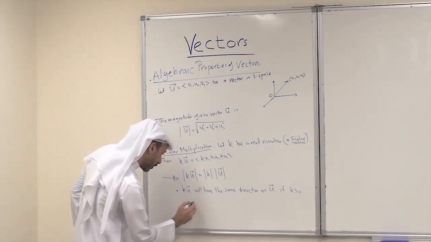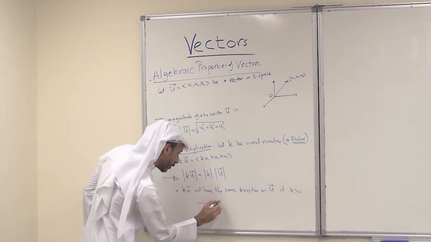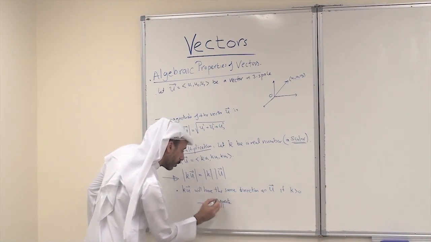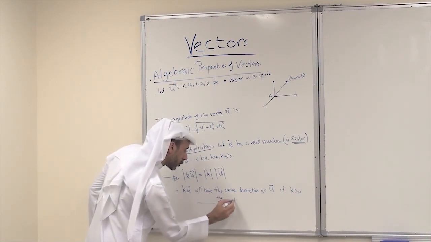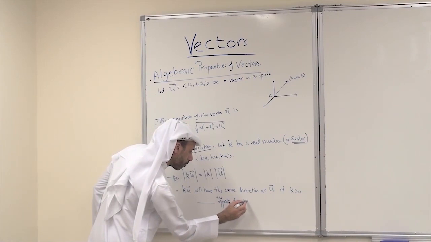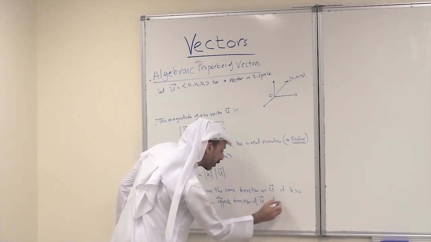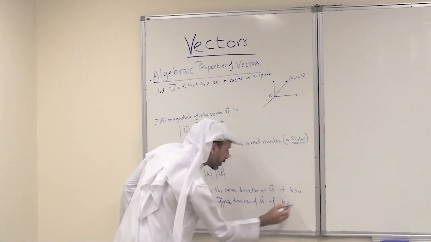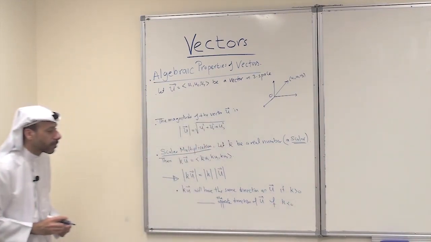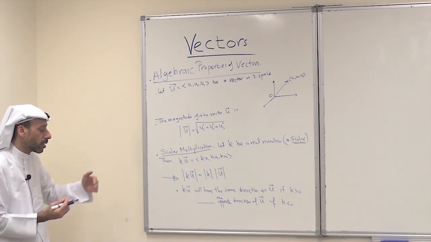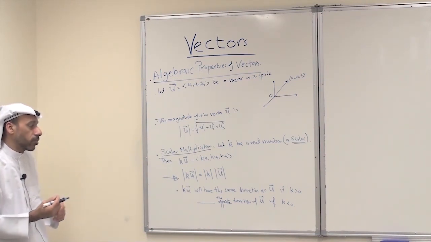But it will have the opposite direction of the vector U if the scalar K is negative. So this is the relation between the direction of the vectors U and KU.